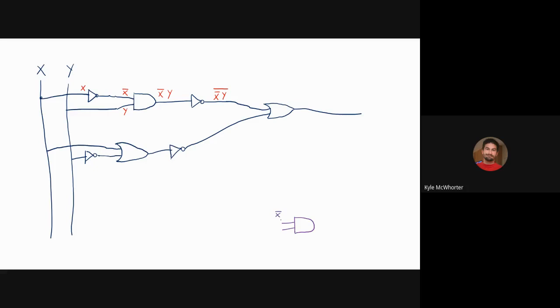You've got not A and not B as inputs to an AND gate. Be very careful. This comes out as not A and not B. Be really careful you don't connect that line up there because it's different. Not A and not B is really different from not A and B.